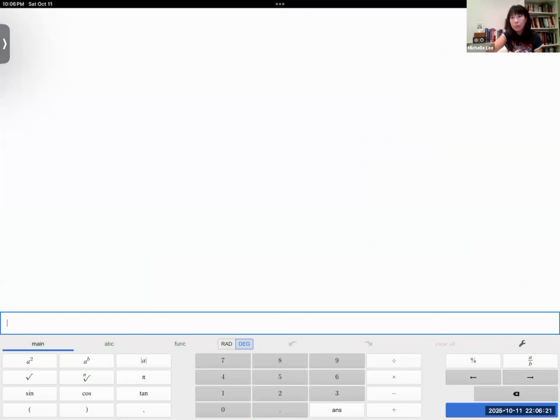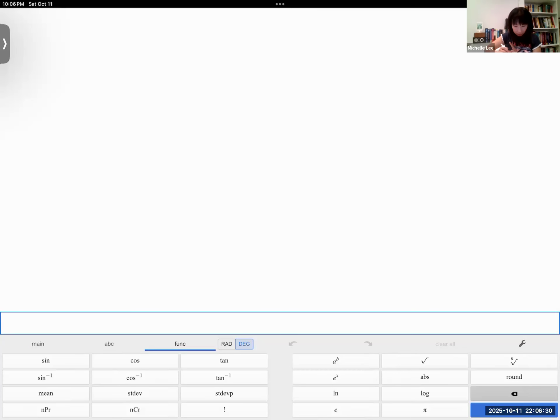Let's do it. All right, so choose 2. So go to function and can you see the nCr, right? That's the combination. Looks like we put the n first, then r, right?